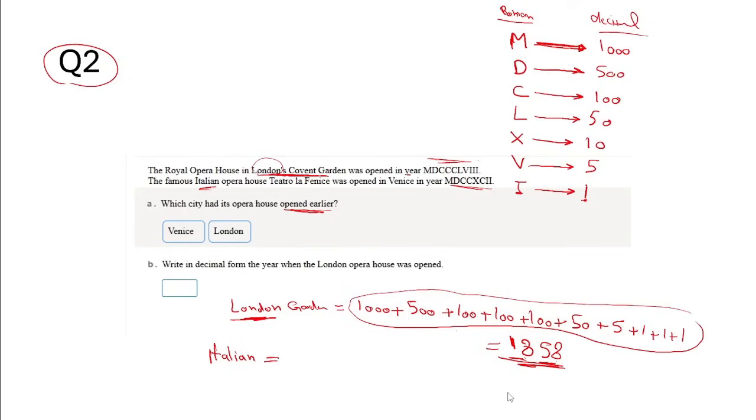It's M, which is 1,000, plus D, which is 500, plus double C, which is 100 plus 100. X, which is 10. C, 100 again.